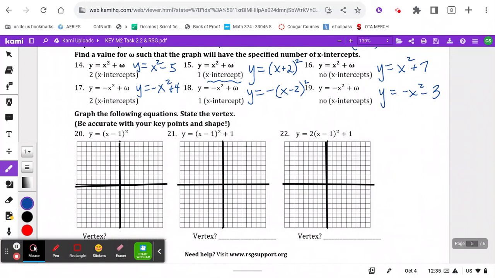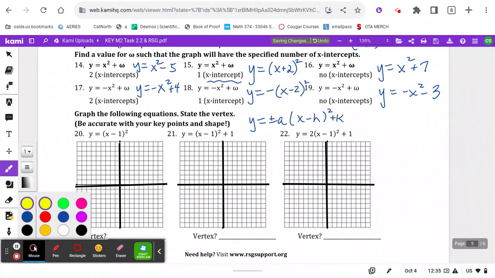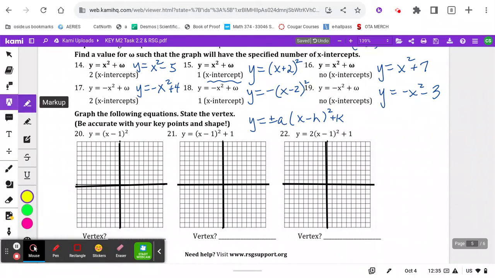Okay, next, graph the following equations based on the vertex form of the parabola. I do want to just write it up here as a quick reference. Plus or minus a, that's your stretch and your orientation, x minus h squared plus k, where h is your horizontal shift, your x value of the vertex, and k is your vertical shift.